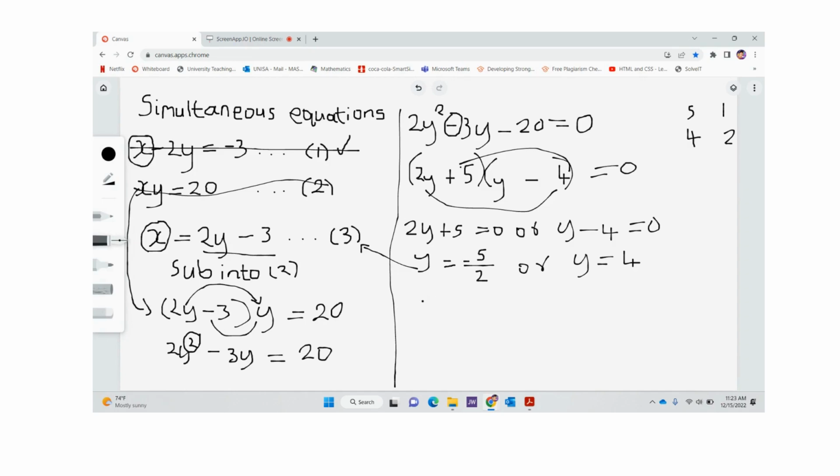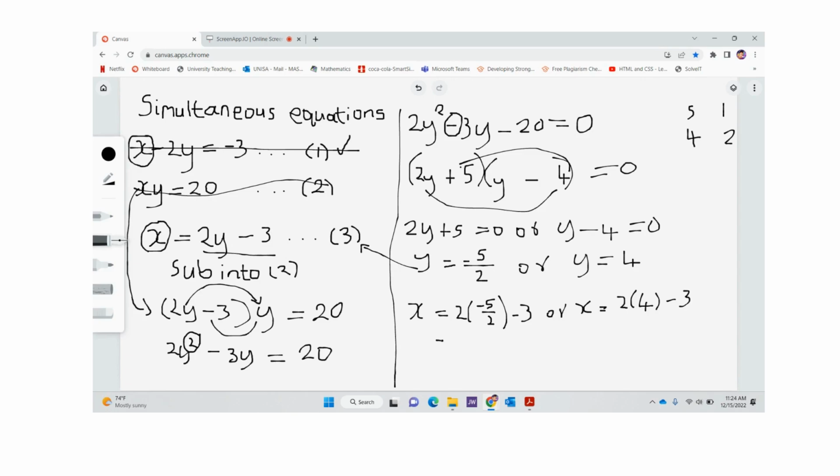Okay, so let's go. So our first x will be equals to 2 times the first y, which is minus 5 over 2, then minus 3. Or x will be equals to 2 times our y in this case, which is now 4, minus 3.